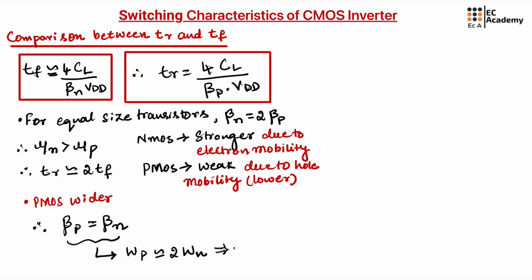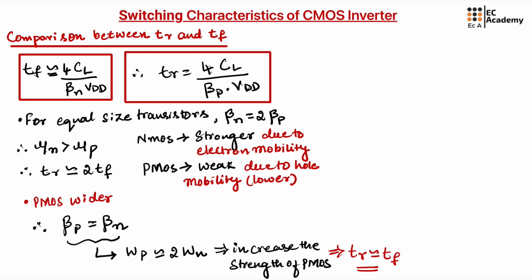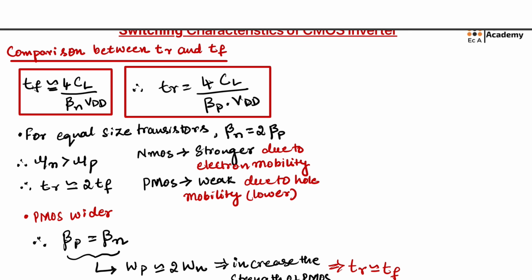This will increase the strength of PMOS. So for this condition, rise time will be approximately equal to fall time. So you need to remember this design rule. A common approximation is WP will be approximately equal to 2 times Wn. This will equalize the rise time and fall time, that will make the PMOS stronger.